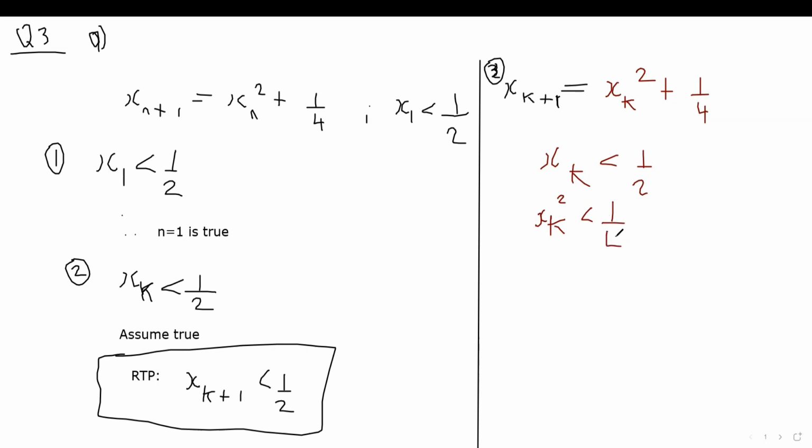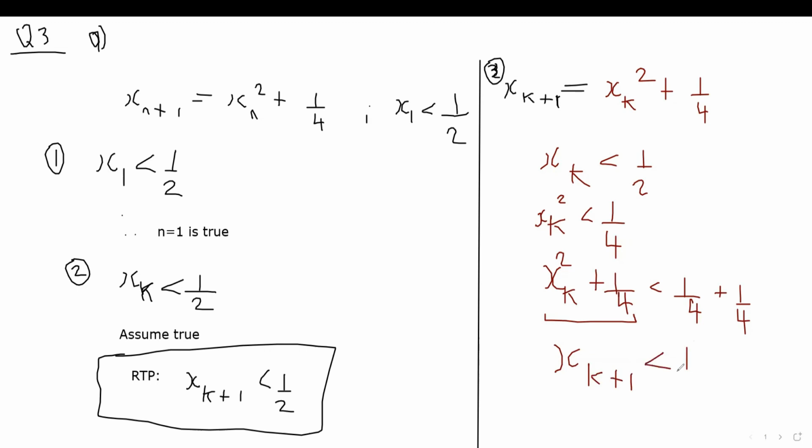Then if we add a quarter to it, we get xk squared plus a quarter is less than a quarter plus a quarter. This part is xk plus 1, so xk plus 1 is less than a half. That's how we show that part.